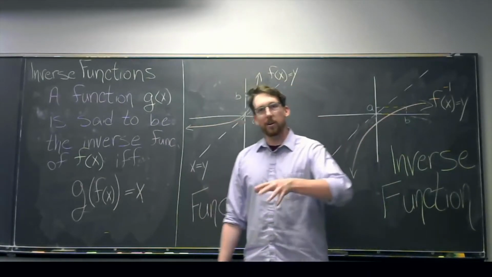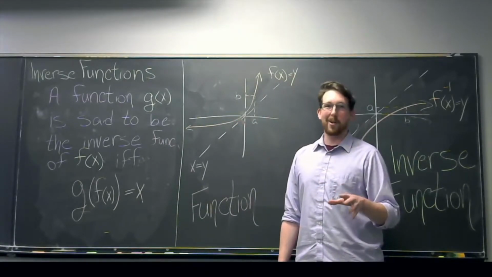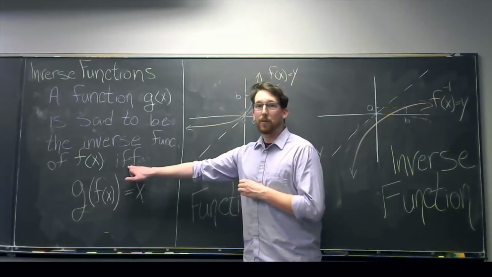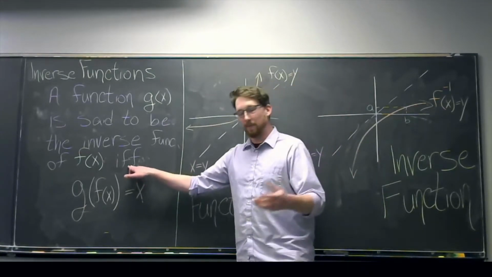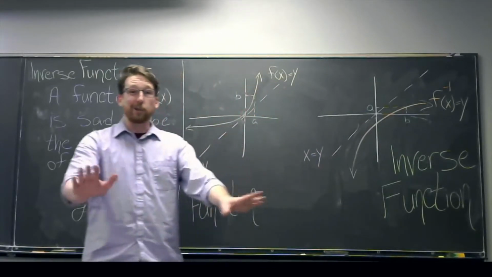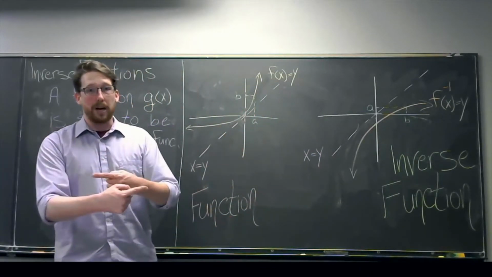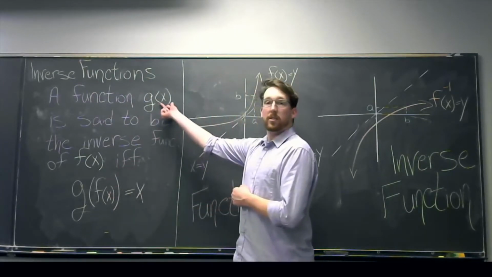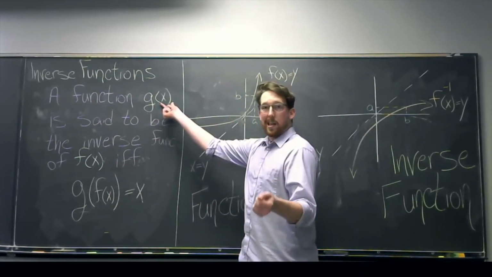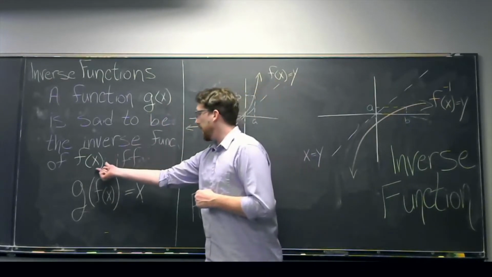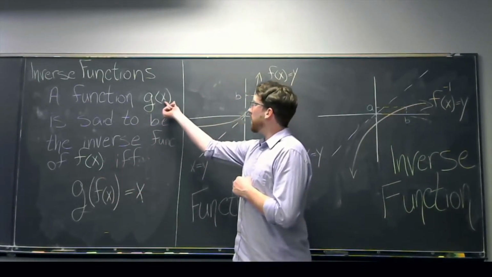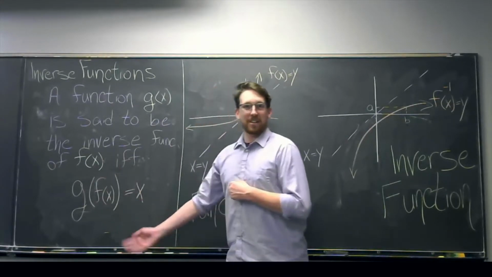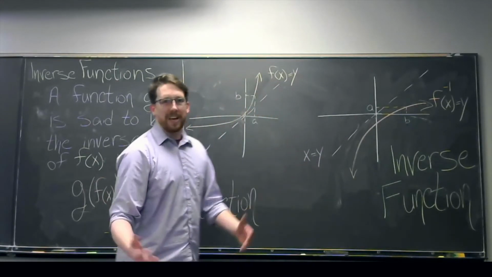For the record, mathematicians don't know how to spell clearly, because we use iff to represent if and only if. It just means this is the one and only way in both directions. If this is the case, then g of x is the inverse function of f of x. If g of x is the inverse function of f of x, then this is the case. That's really what if and only if means.